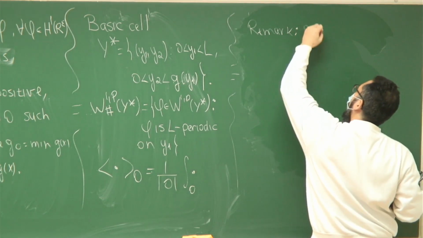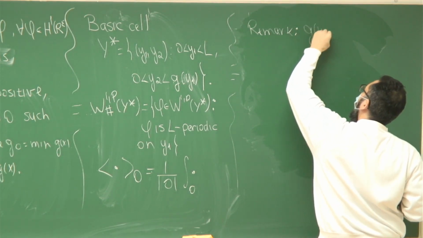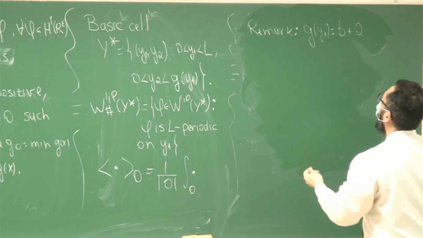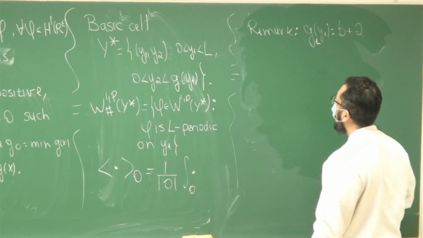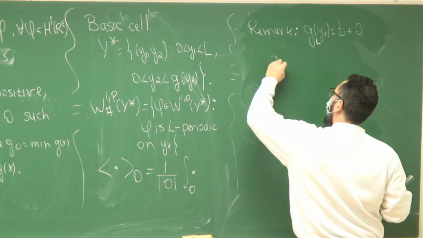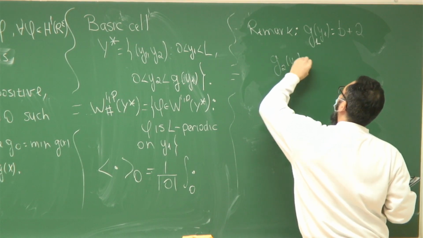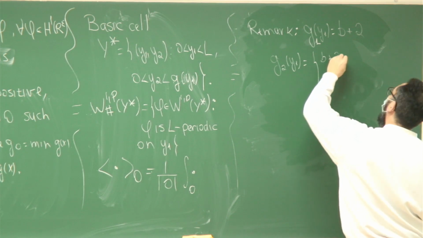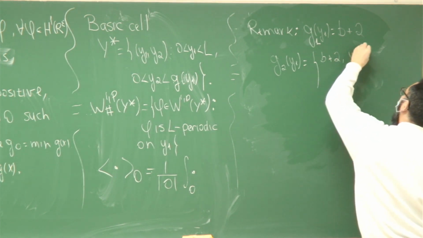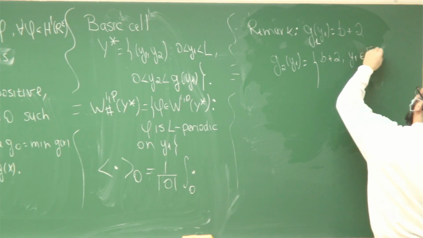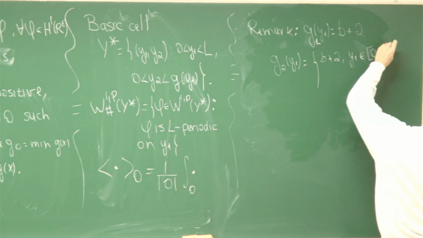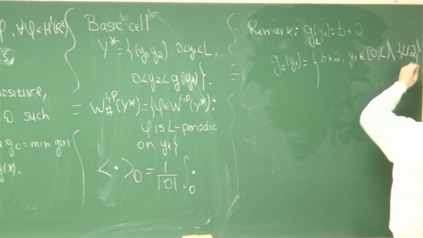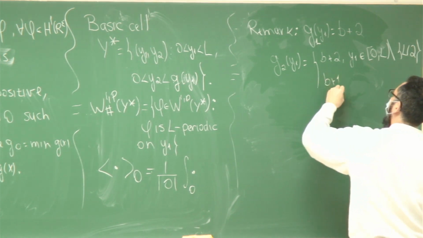Consider first the following kind of function, like a constant b plus 2. I will call it g1. And the function g2, which will be b plus 1.